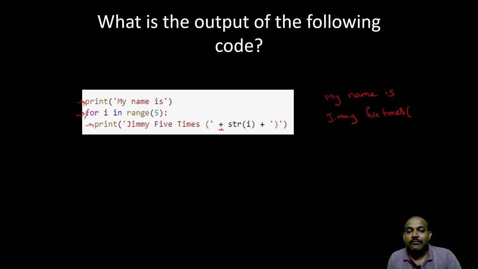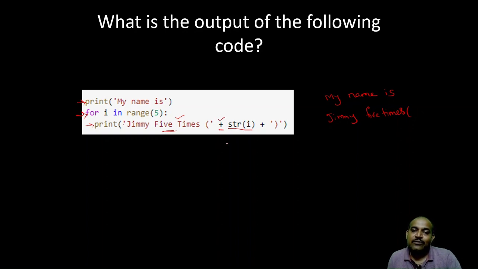If you look here, I have used a concatenation operator plus. So when you want to use the plus operator, both should be strings. Anyhow this is a string, but what is the value of I? It is an integer, that is 0, correct? So this has to be first converted into a string, that is why str of I will give you 0 as a string.